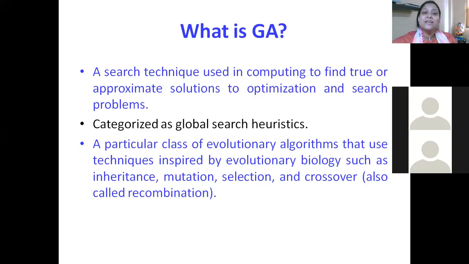Genetic algorithm is a search technique that I have just told. Basically, it is a particular search technique which is used to find the true or approximate solution to optimization and search problems. So that is why we are saying that this is an optimization technique, this is a search technique.